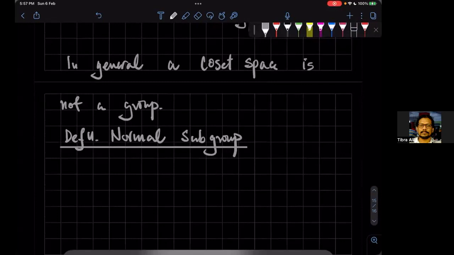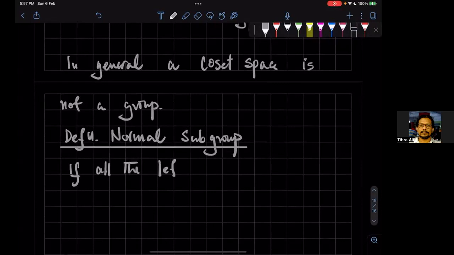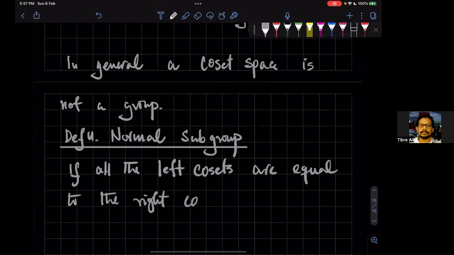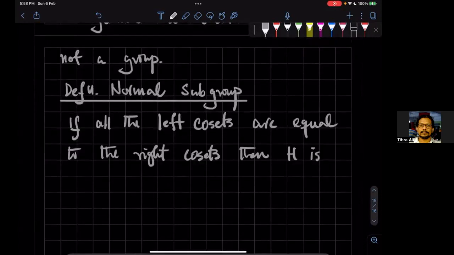So, if all the left cosets are equal to the right cosets, then H is a normal subgroup.